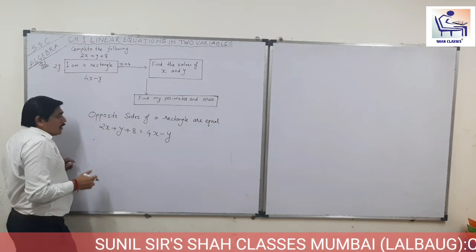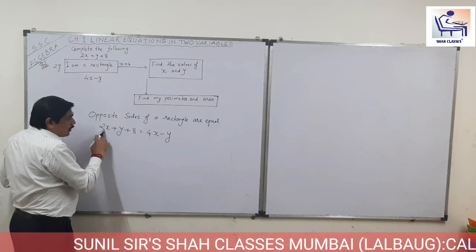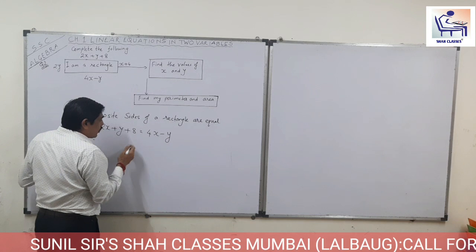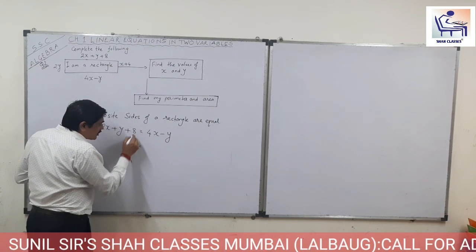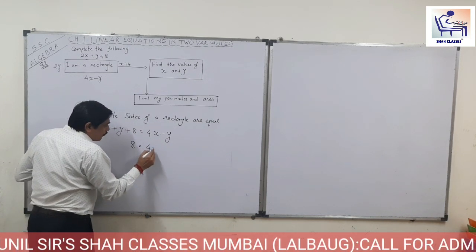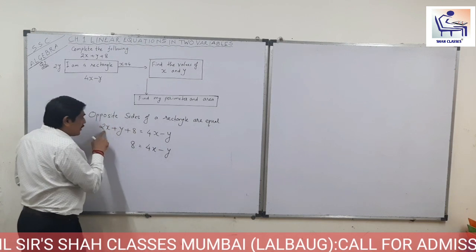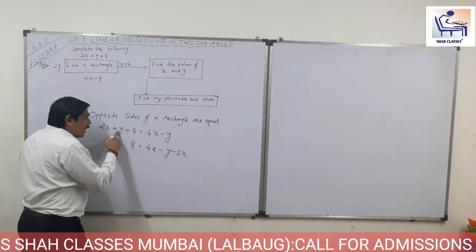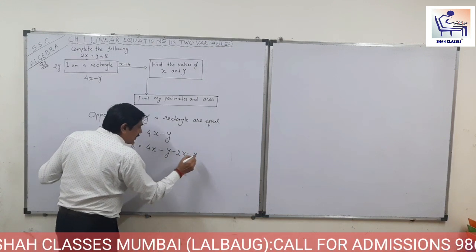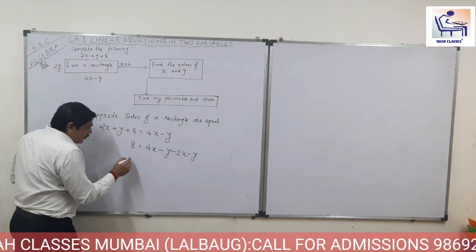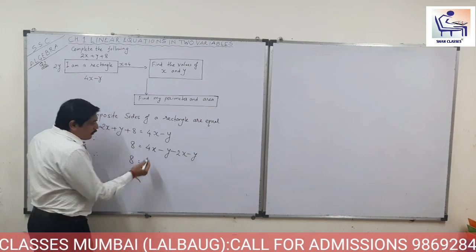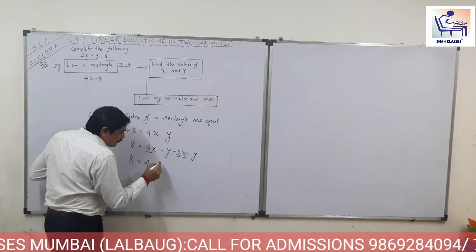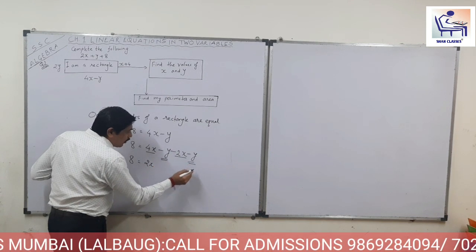Now we will just see the like terms. Here there is a 4x, here there is a 2x. So I will transfer 2x on the other side, leaving constant here. So 4x minus y, this 2x goes on the other side, minus 2x, and plus y goes on the other side, minus y. So here we get the equation 4x minus 2x, 2x, and minus y, minus y.